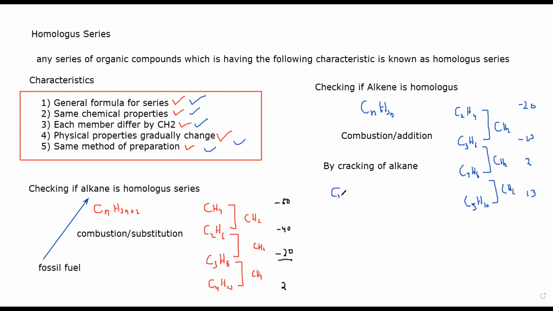Like if you have C10H22, it will break into, for example, C2H4 plus C8H18. So you can see alkene is produced, and this can produce any alkene. It is not necessary that it is C2H4; any alkene can be produced by this method. So they all have the same method of preparation. Is it clear?